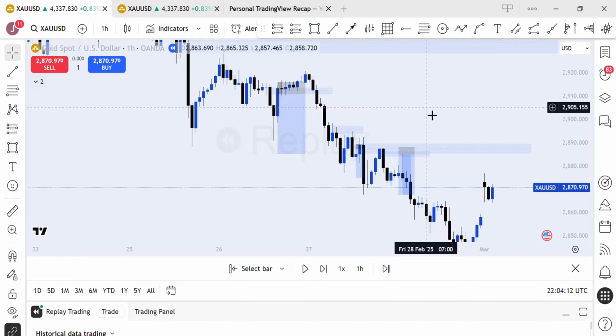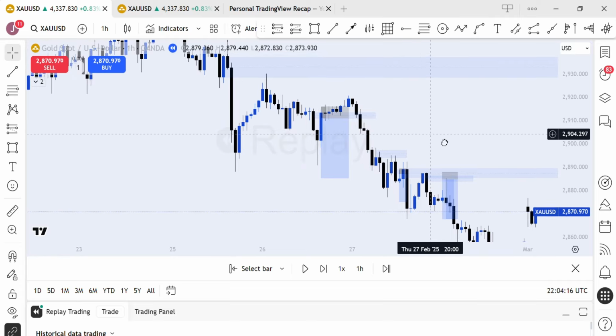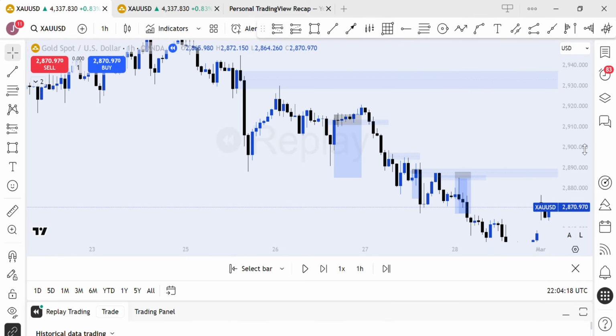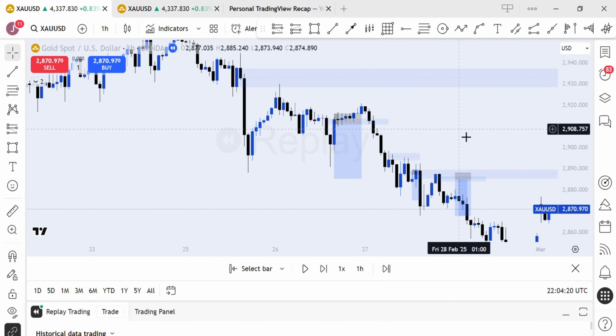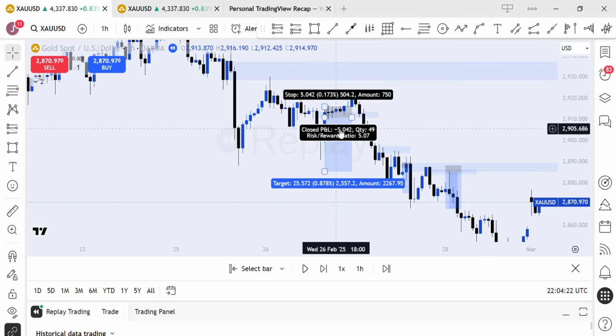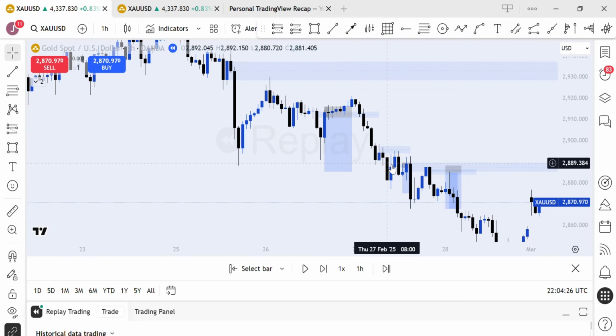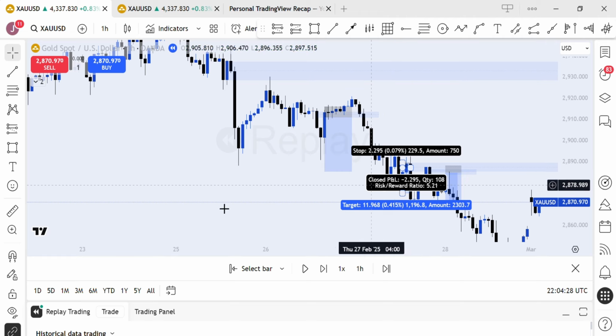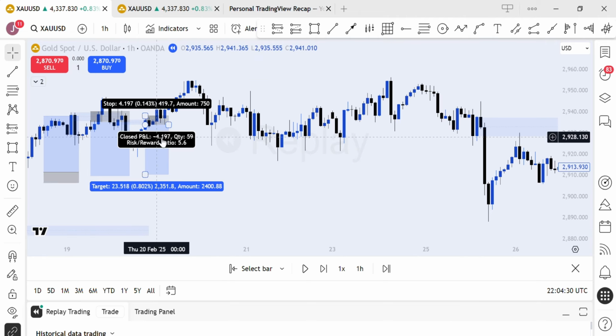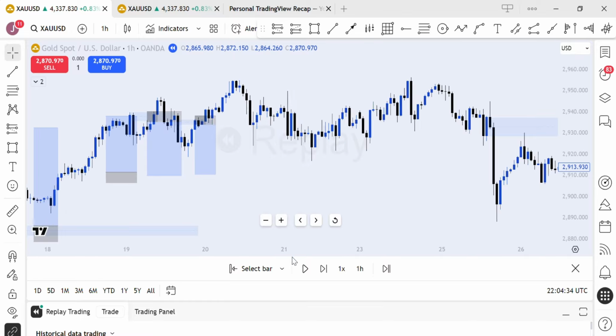If not for bad entry points that I focused on, we would have been sitting at a very huge risk to reward this month. But this trade, for example, my bias was right, my entry was wrong. Same as this trade, bias was right, entry was wrong. It was these two losses that I think the bias was absolutely wrong.